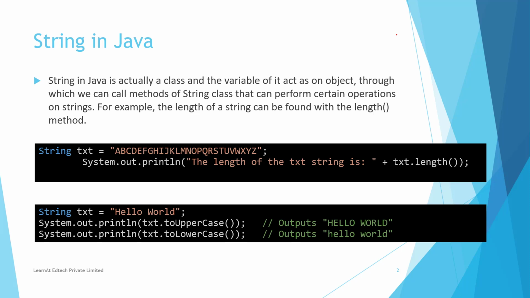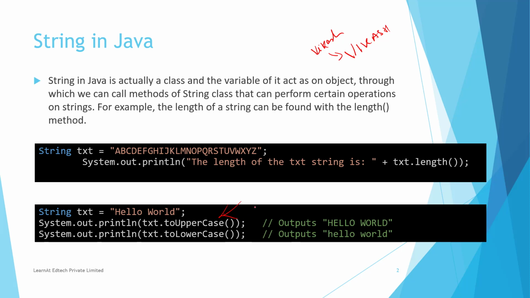There are some methods. For example, suppose your name is written in small letters. Suppose my name is Vikash, written in small letters. Now I want to convert it all into capital letters. How can I do that? We can only do this using string. If there is no string, we cannot do this. So if I want to write Vikash all in capital letters, there is a method in string called toUpperCase.